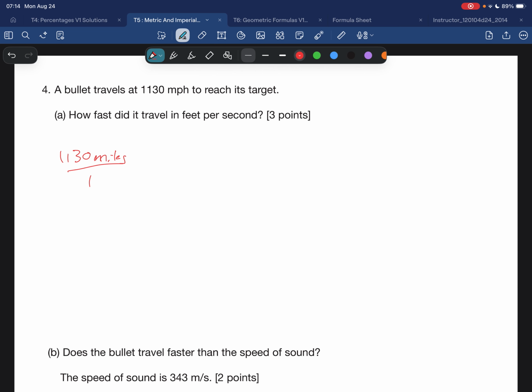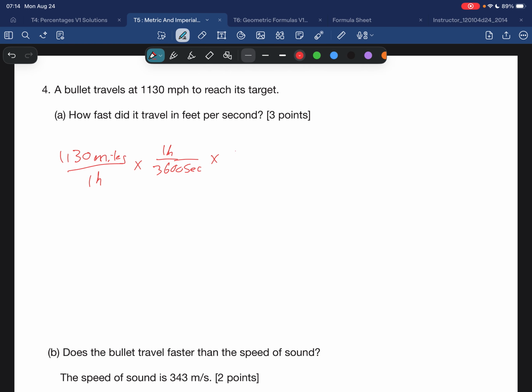So I'm going to start by putting 1130 miles over 1 hour. So I'm just writing out my starting number here. Converting 1 hour to seconds. Well, there are 3,600 seconds in an hour. So we'll multiply by this fraction here.